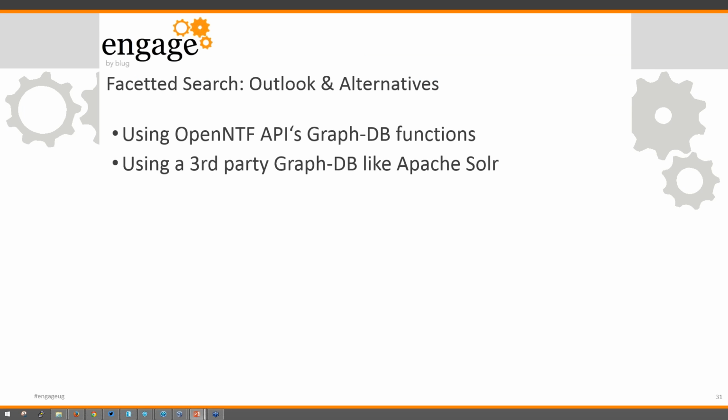Or watch out for other third-party GraphDB packages like Apache Solr. The main purpose of a GraphDB is to store relations and not documents, so to find your data blazing fast and with the relations and not with the data itself.